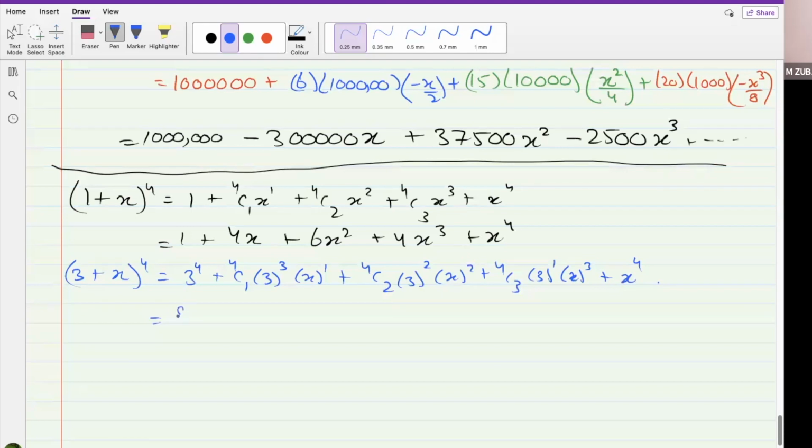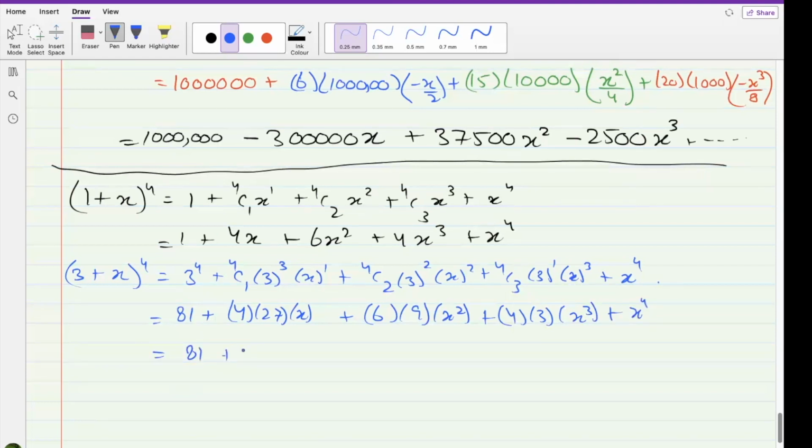Now 3 power 4 is 81, plus I don't have to pick up my calculator again. There is 4C1 right above this. So 4 times 27 times x plus 4C2 is 6 times 9 times x squared. It is always advised that you write this step. You can do it directly, there's no compulsion, but till you get a grip of it. 4C3 is 4 times 3 times x cubed and the last term. And finally, simplification. So 81.